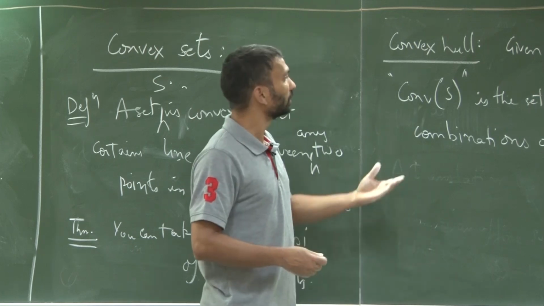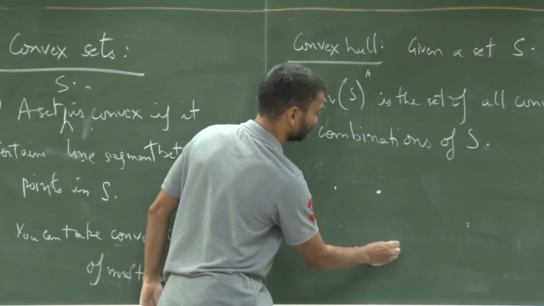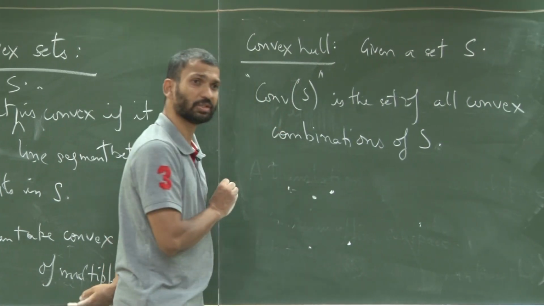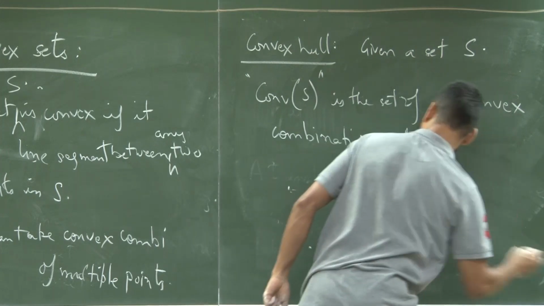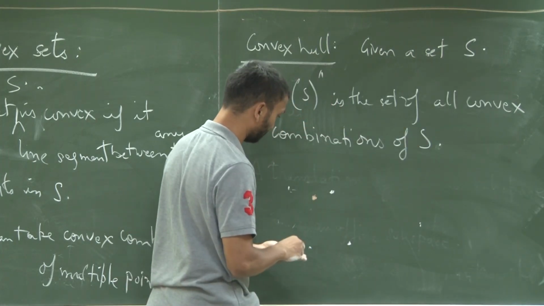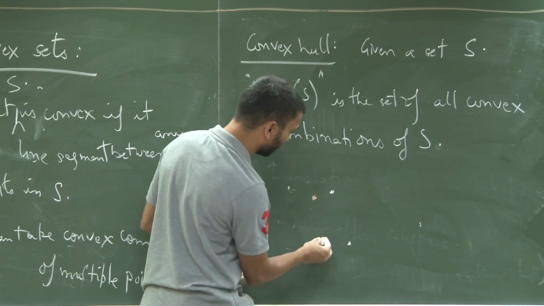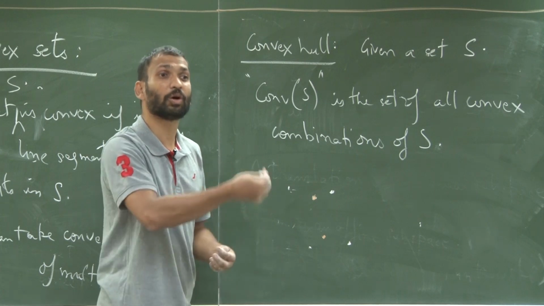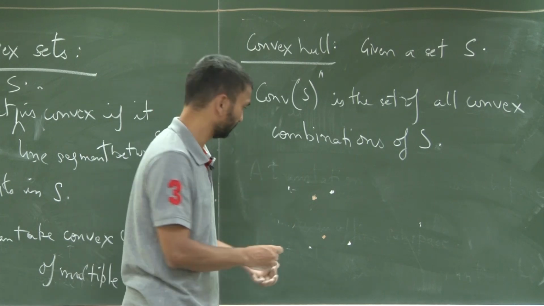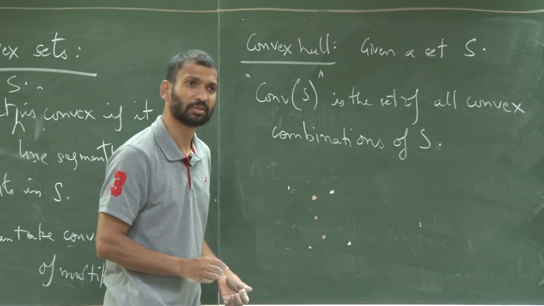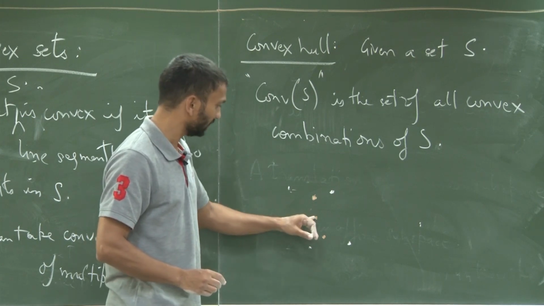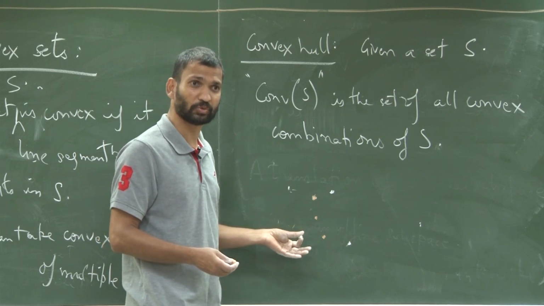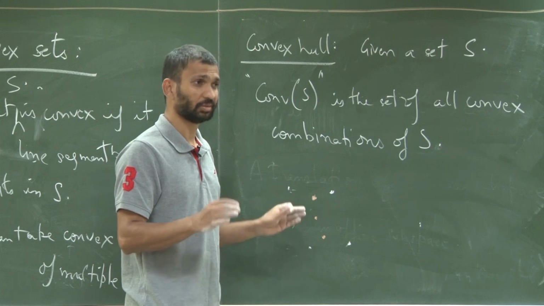And also, now what can happen? Suppose with these 3 points, I take a convex combination, I get a point here. With these 3 points, I get a convex combination, this is here. Now I can possibly take a convex combination of these 2 points again. What do you think? Is this a convex combination of these 4 points? Yes, it is. Do I need to prove that? You can all do it, right?